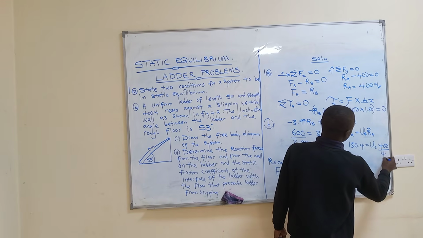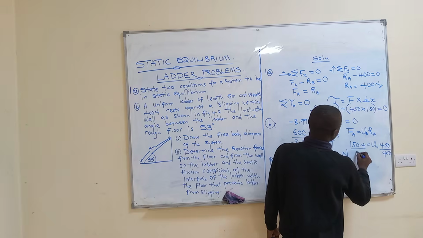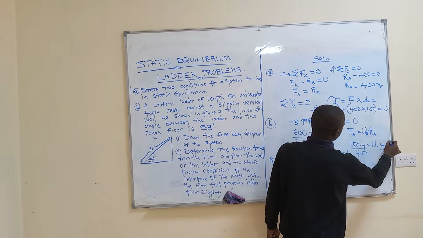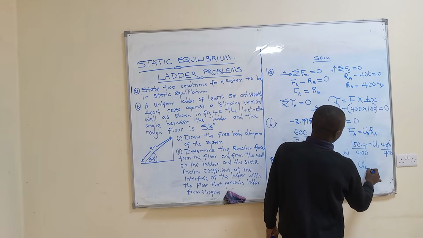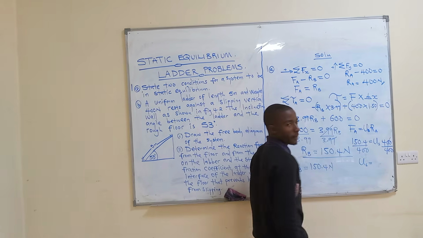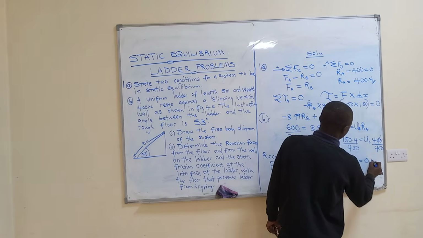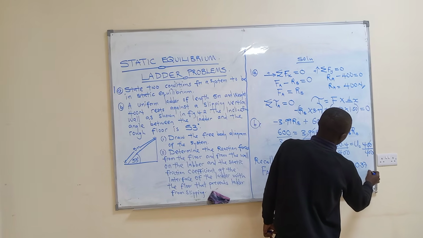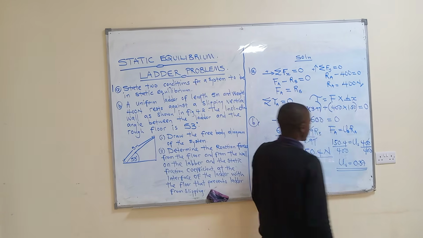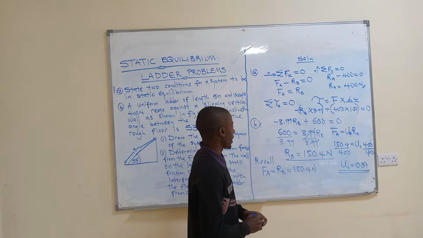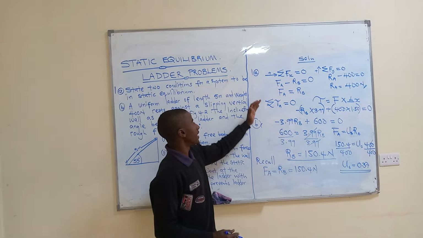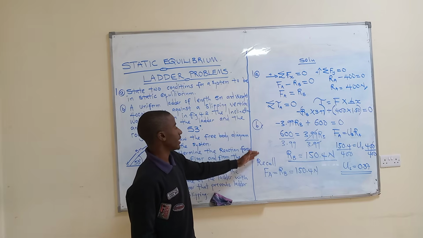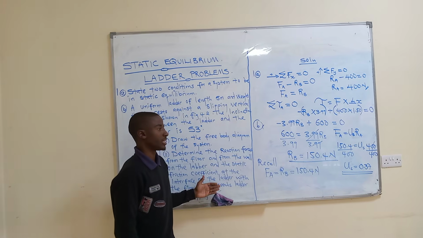Dividing both sides by 400, you are going to get a static friction of 0.37. The coefficient of static friction has no SI unit. So these are the required solutions for this question.